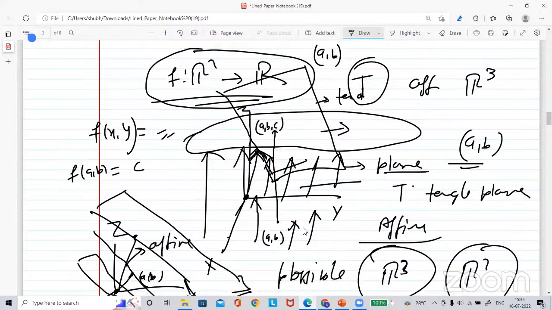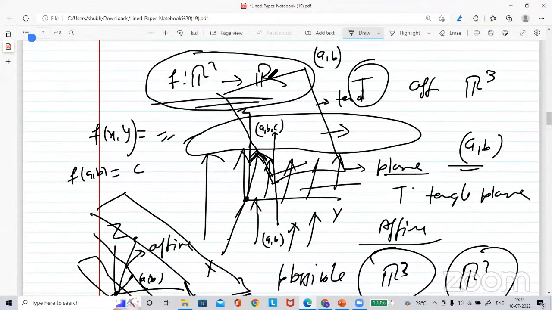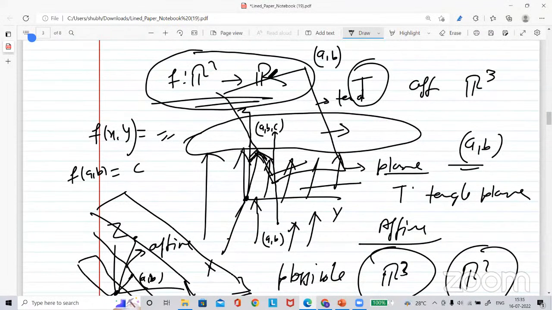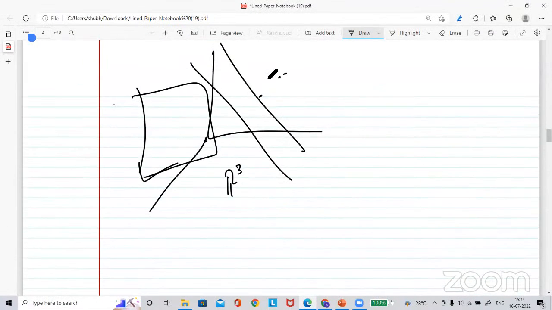When you draw R2 to R here, since R is one-dimensional, it can only be a line. Will it come as an oval, a line, or a curve? The R means it will give a real number.